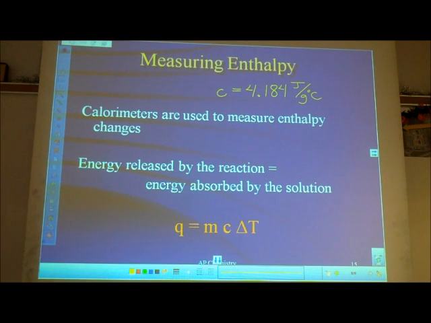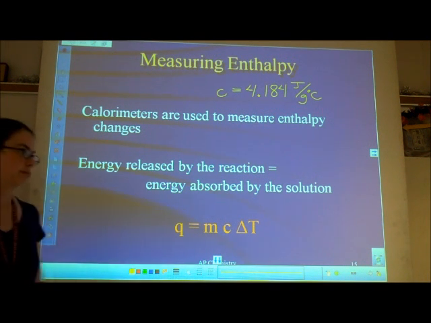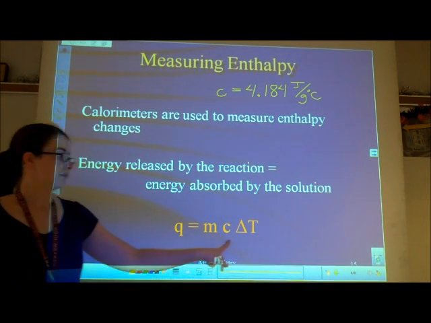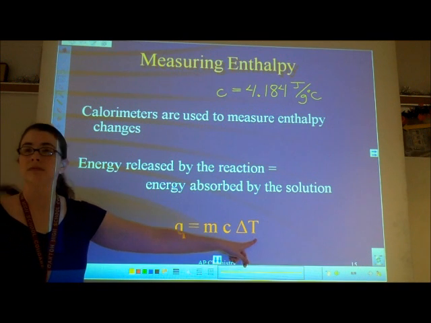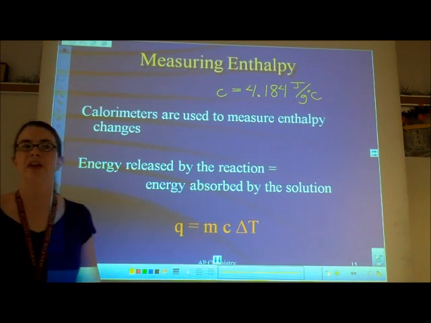Let's say the swimming pool has 35,000 kilograms of water in it. How much heat is required to heat it from 20 degrees to 25? What are you going to do? I have to change the mass from kilograms to grams. And then what? Then you multiply the mass by C and by 5. Just plug in the numbers. That's it.